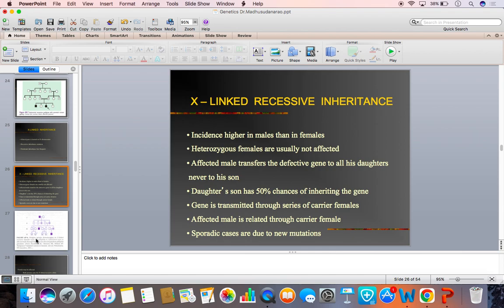This is the important feature. Affected male transfers the defective gene to all his daughters, never to his son. Son inherits the Y chromosome from the father and X chromosome from the mother. So sons are not affected.